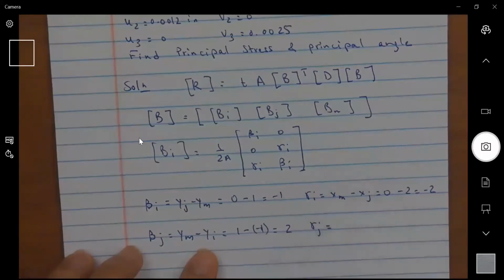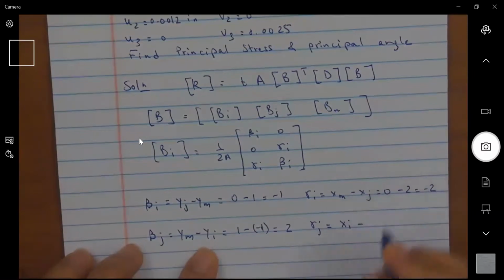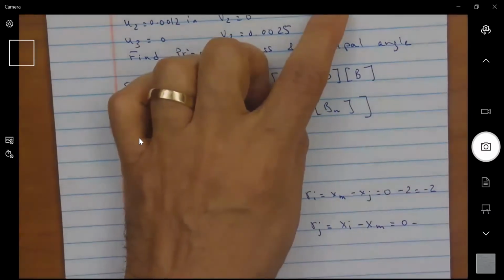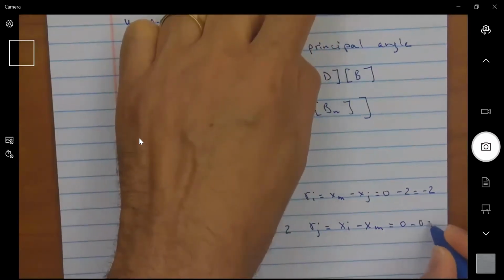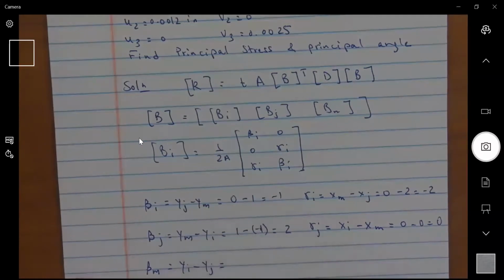Gamma j is equal to xi minus xm. So I get a 0 minus a 0, which is a 0. And then beta m is yi minus yj, which is a minus 1 minus 0.